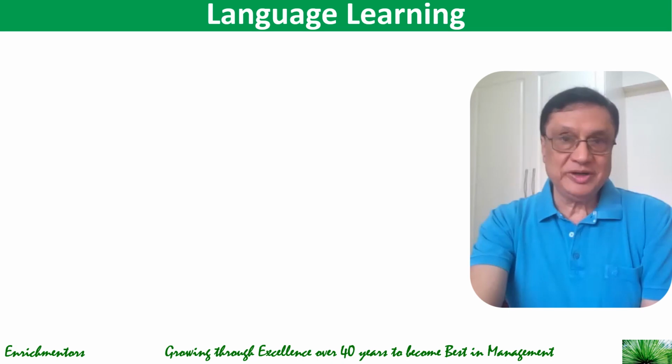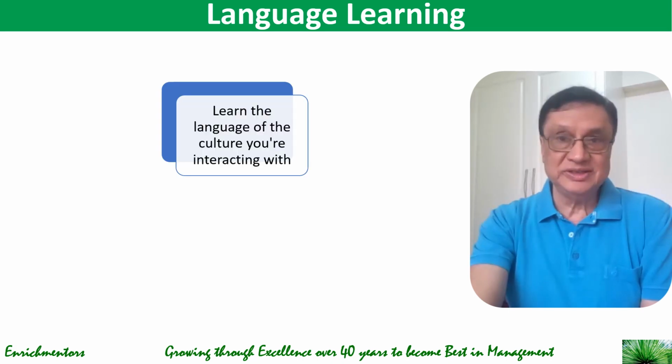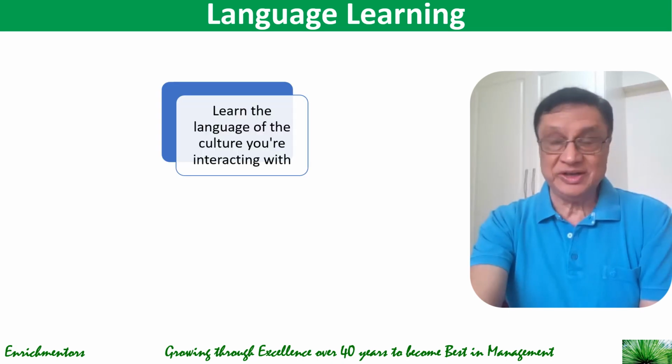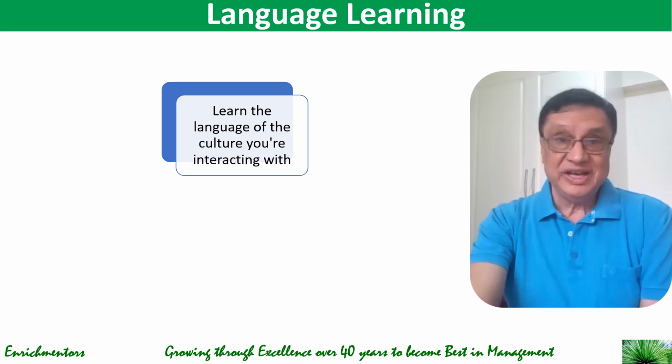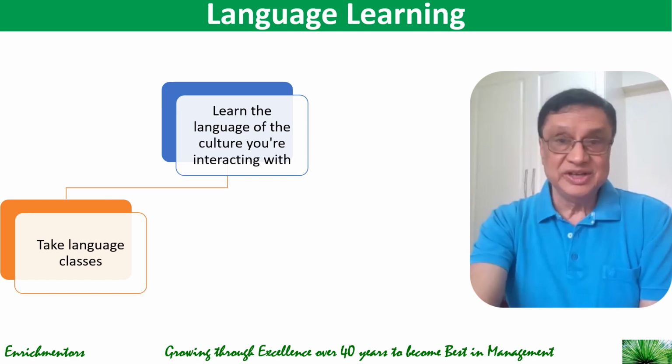Language learning is important. If possible, learn the language of the culture that you're interacting with. It works beautifully. While working in Unilever and J&J, I used to learn the language of different parts of India. And I've realized that even learning basic language skills can enhance the communication and show respect for the culture.